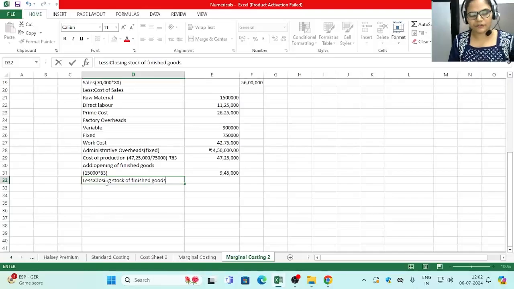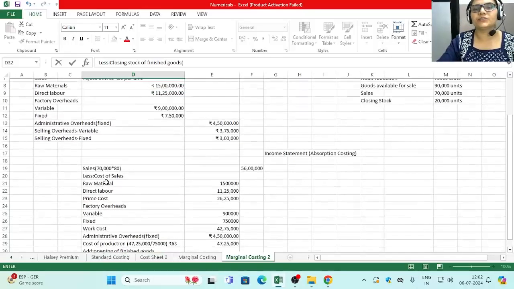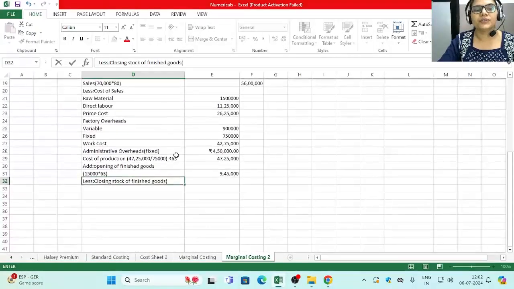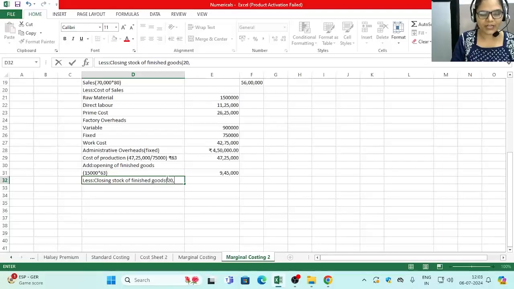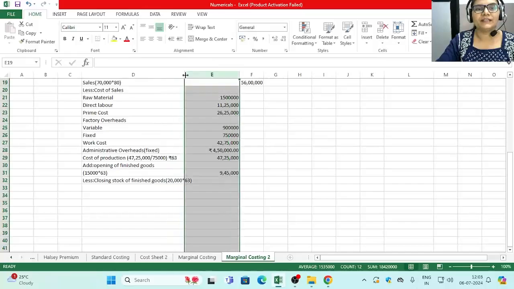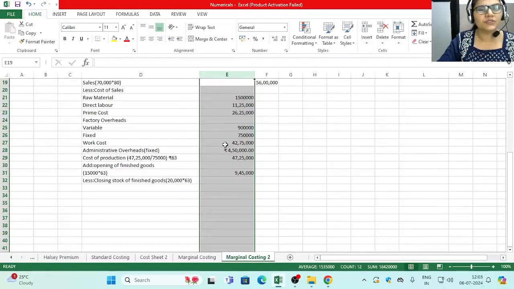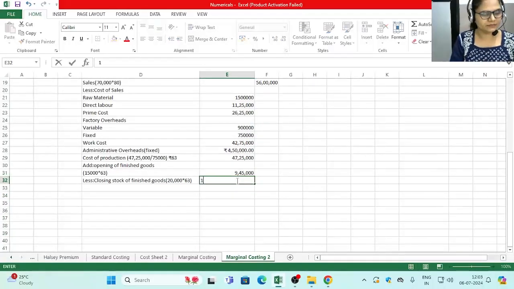Closing stock of finished goods we have calculated is 20,000 units, and we know cost per unit is rupees 63. So we will multiply 20,000 by 63 and we will get 12,60,000.